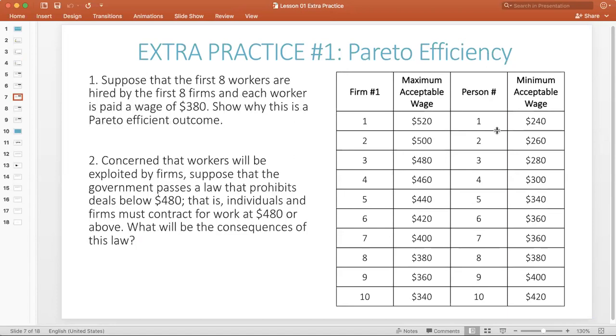This outcome would not be Pareto efficient because mutually beneficial deals can still be made, which we saw. Deals that were made in the first question could still be possible, but because now they're not, it's not Pareto efficient.